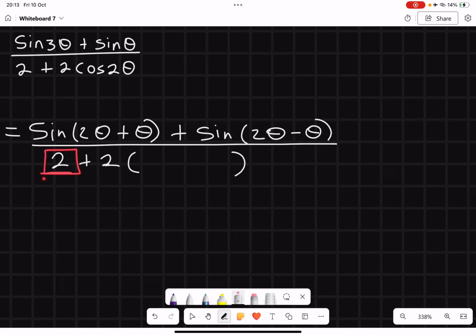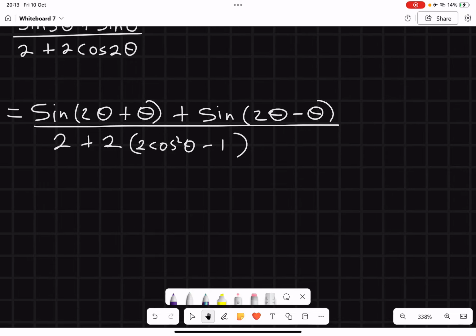I have plus 2, so here I must end up with minus 2, so that these can neutralize each other. When I multiply with something there, I must end up with minus 2 there. So I have to choose something with minus 1. If you have a plus here, you need to end up with a minus on the other one. If you have a minus, you need to end up with a plus. So in this case, I'm going to choose the one of 2 cos squared theta minus 1. I'm sure that makes sense, ladies and gents.